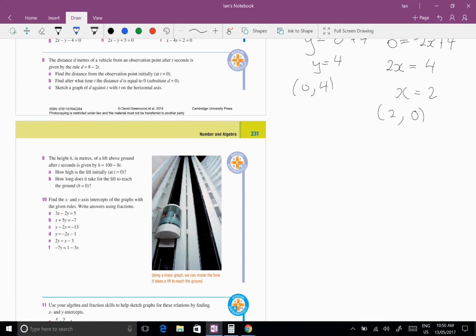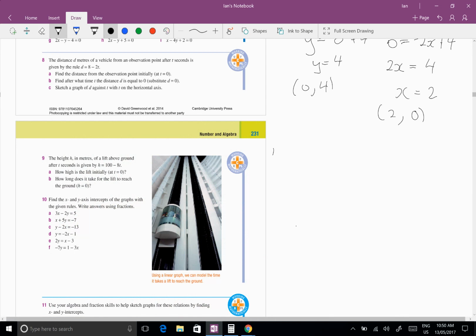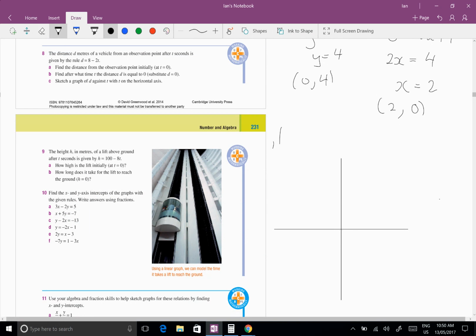So here we go. Let's graph this now. And we'll plot the intercepts. So 0 and 4, that's pretty high. So we'll put that up there. And 2 and 0. And then we'll graph the line. And we're done.